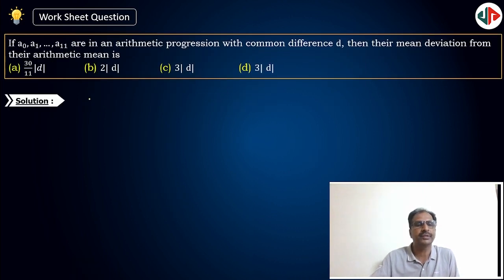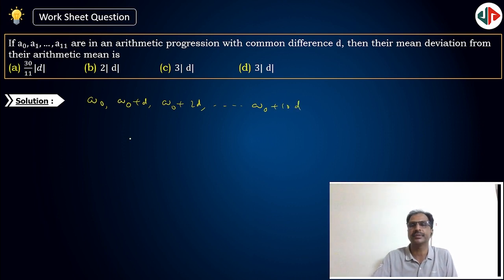Next, A0, A1, A2, A3 and so on are in arithmetic progression with common difference D. So A1 is nothing but A0 plus D, A2 is A0 plus 2D, and so on. A11 is nothing but A0 plus 10D. Then the mean deviation about their arithmetic mean: first you have to find the arithmetic mean.